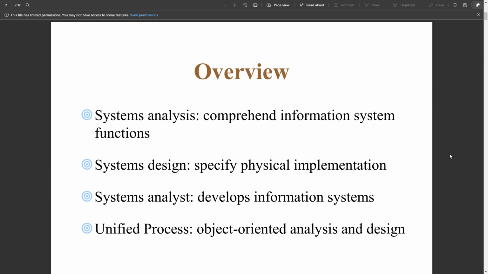And the systems analyst is the person that develops information systems. As we go along the course, we'll be discussing the unified process, which is object-oriented analysis and design. If you're not familiar with object-oriented, there are classes, there are attributes. As we dive along the course.